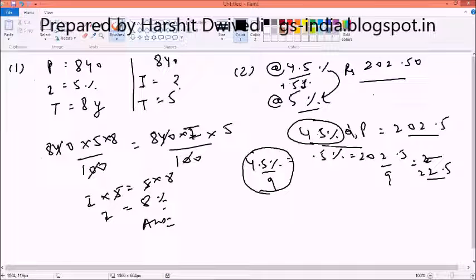Therefore on the right hand side, the interest 202.5 I also have to divide by 9, so I get 22.5. By this I can say that an additional interest of 22.5 rupees is required to change it from 4.5% per annum to 5% per annum. So the answer is 22.5. Okay, this is the solution of question number 2.